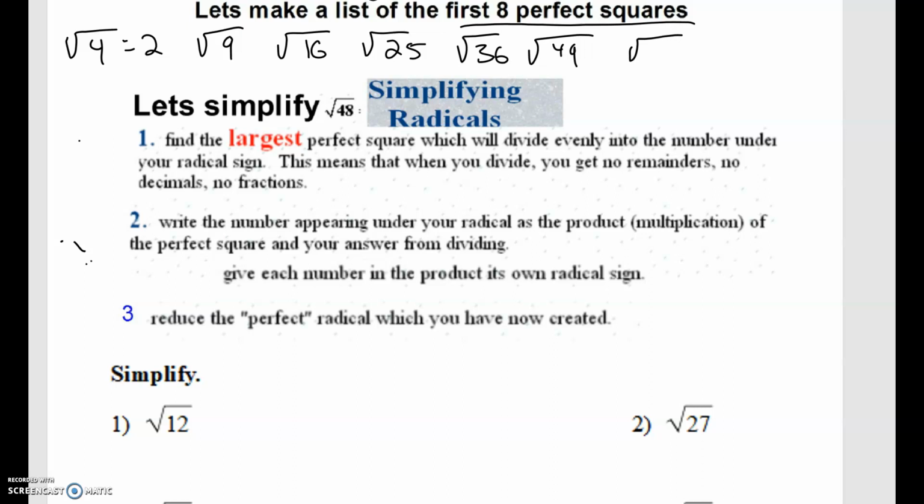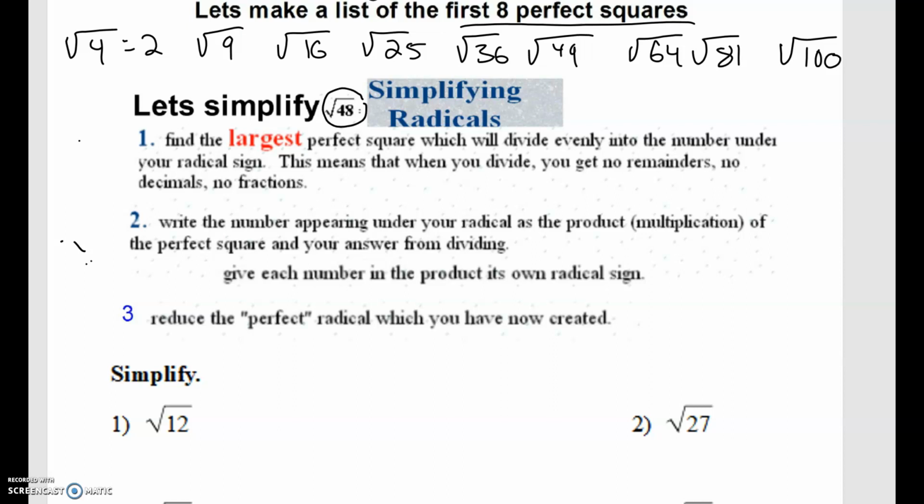Then we have 64, then we'll have 81, and we'll have 100. The reason I'm going to make this list is that we're going to start with 48, and I'm going to follow these 3 steps.